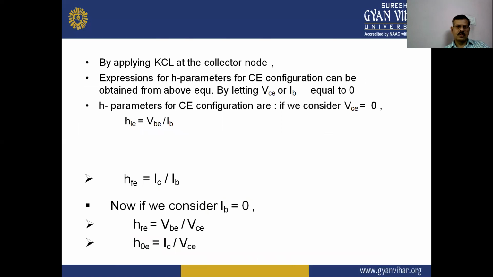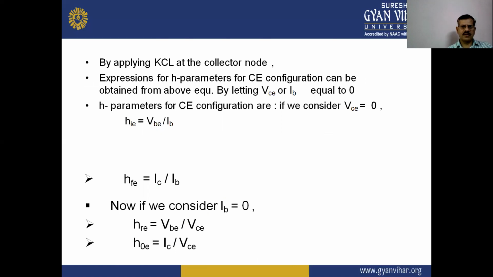Now by applying KCL at the collector node in this circuit diagram, the expression for H parameters for CE configuration can be obtained from the above equations by letting VCE or IB equal to 0.